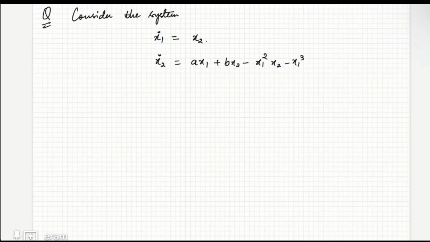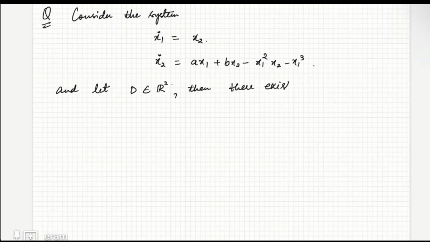So let D belong to R2. So we are interested in the whole state space. Then you have to tell me whether there exists any periodic solution or not in the domain D. There exists a periodic orbit or not.